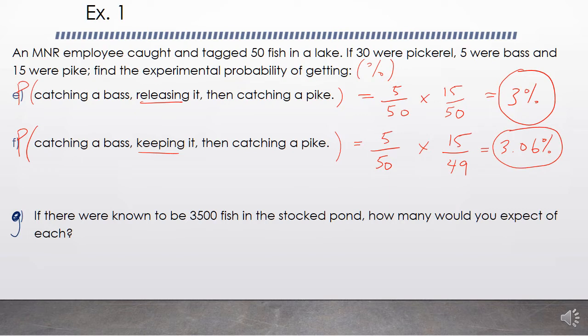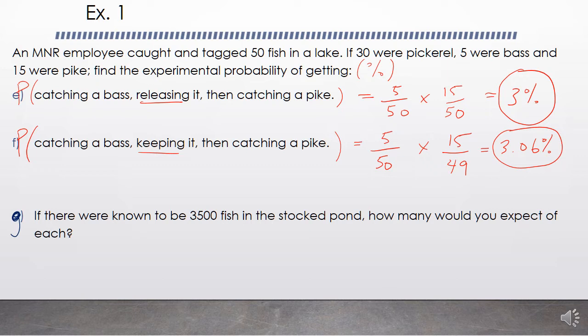So you have a slightly better chance of having both those things happen. And that makes sense, because if you caught something that was not a pike and didn't put it back, you have less options to pick from. One less, in fact. And that's what's contributing to that, 6/100ths of a better percent.